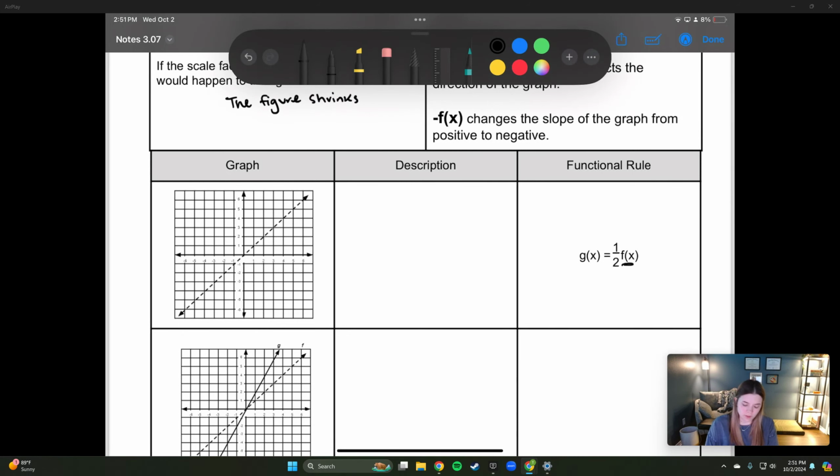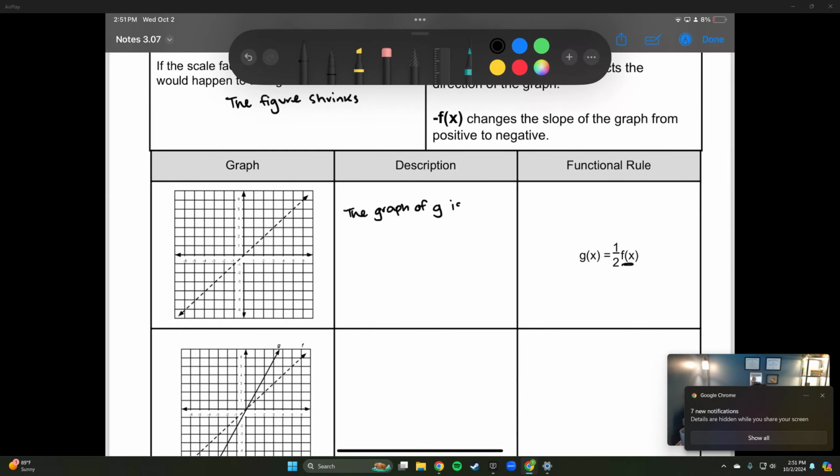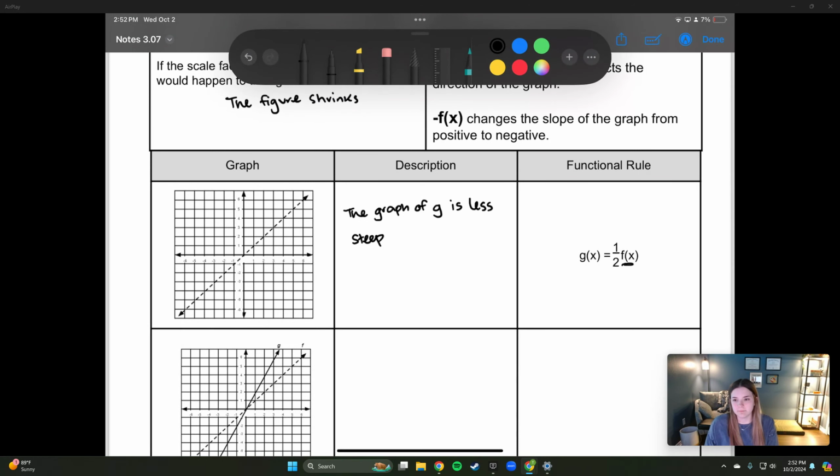So for the description, we're going to say the graph of g, because that's our new graph, is less steep than the graph of f.